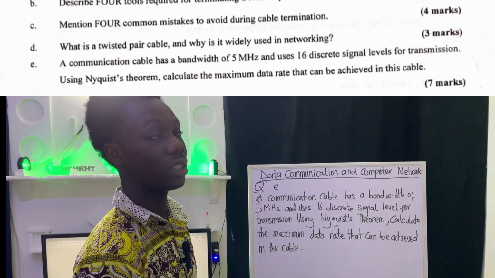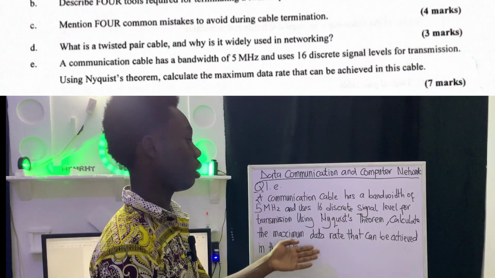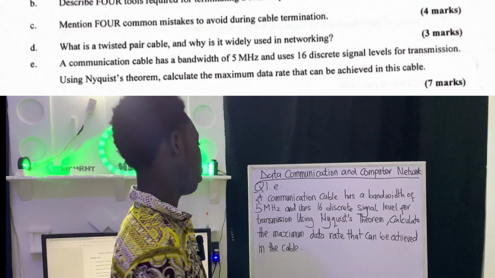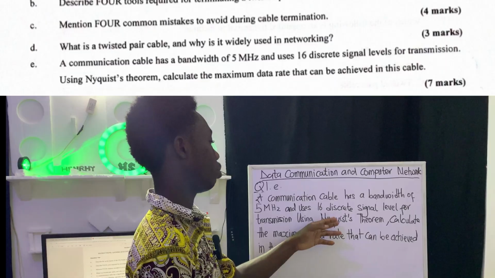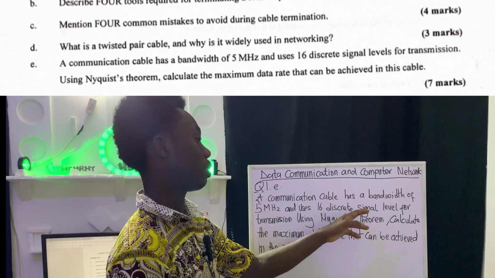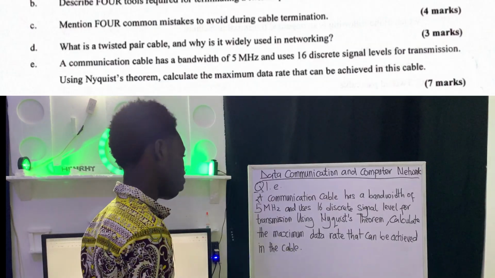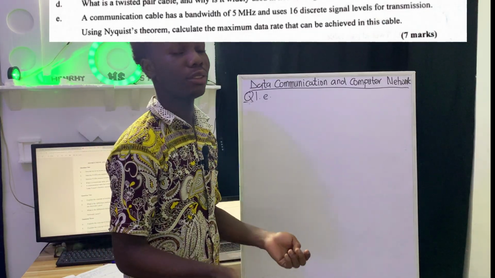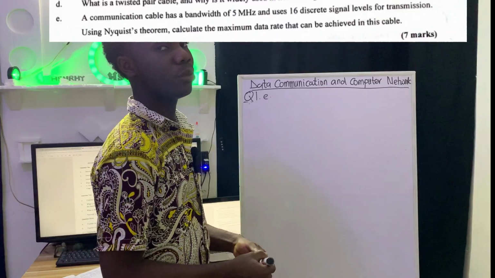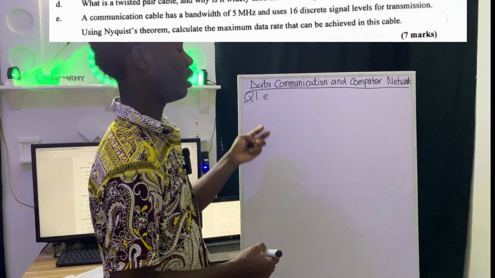Note that we have Shannon's theorem and we also have the Nyquist theorem, right? We are asked to use the Nyquist theorem. This is how we solve this question. First of all, we list what is needed.